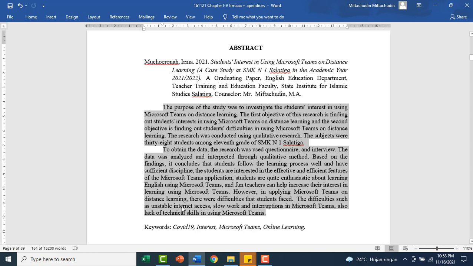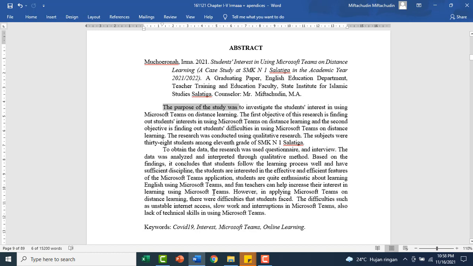Right, the easiest way to make the abstract is making the summary of our graduating paper. And the summary includes the purpose, like this. If we discuss the purpose, it means we also discuss the research problems.